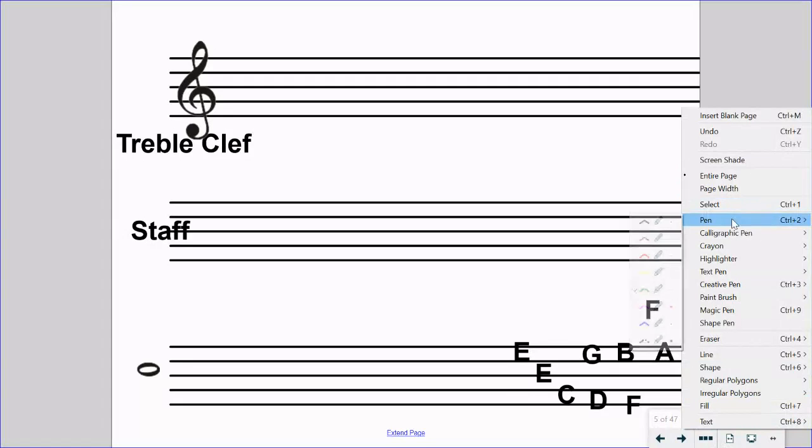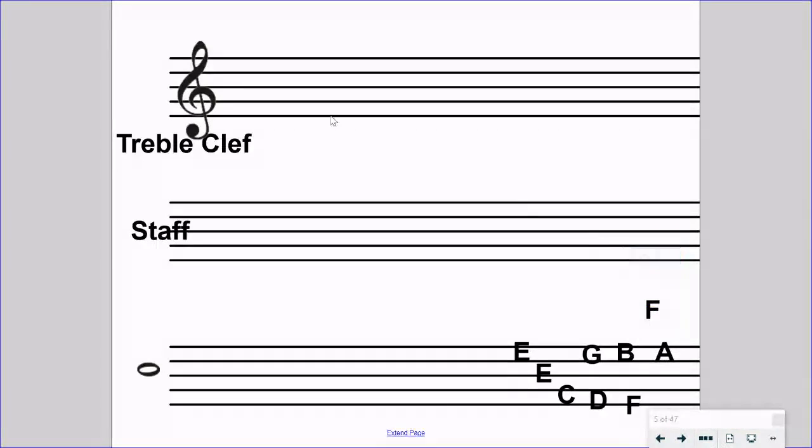Y'all can come up with your own way. But when I need to draw a treble clef, I draw a straight line going down and a little curly Q. It's not so easy to do this with a mouse, but I'm going to give it my best shot. And then I make a little loop that crosses on the 4th line.